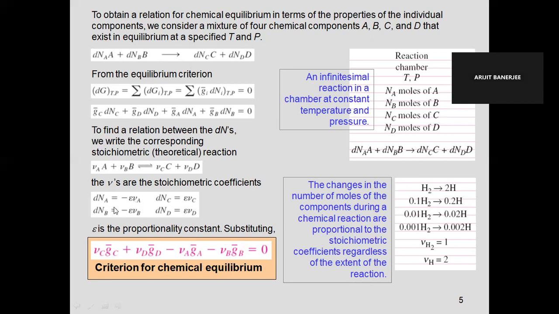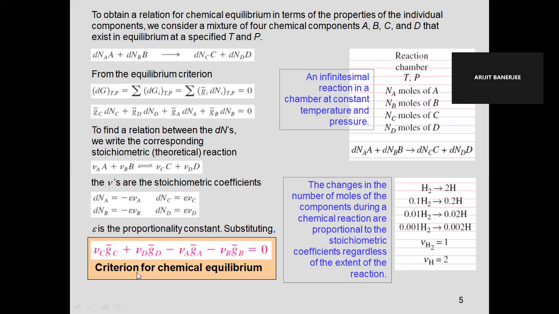So that way, how much amount of A will be consumed, how much amount of B will be consumed, how much amount of C will be produced, and how much amount of D, or the number of moles rather, will be produced. Now we have written the criterion for chemical equilibrium, that you can see highlighted.